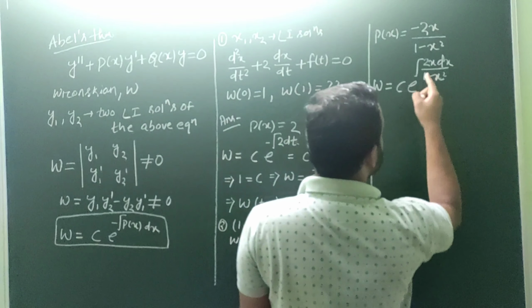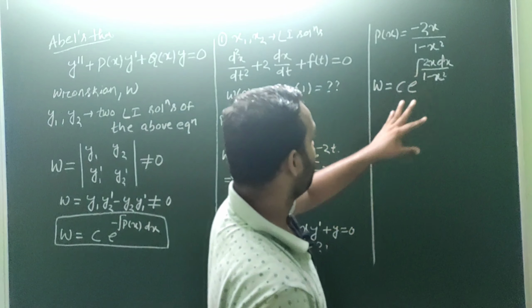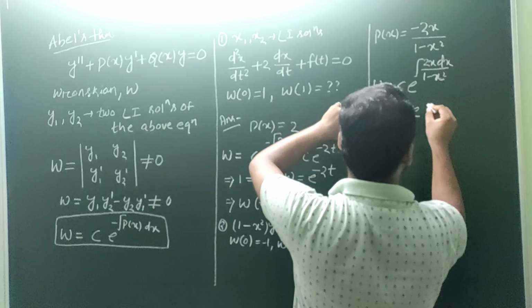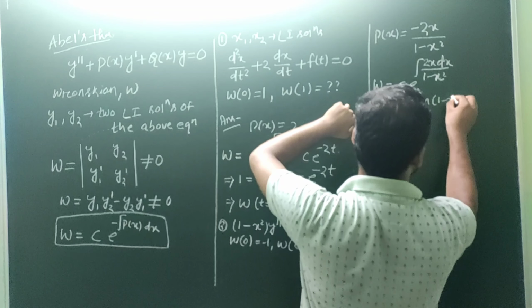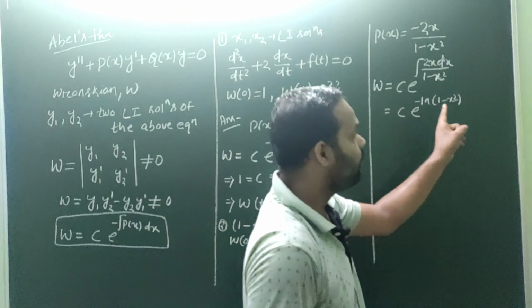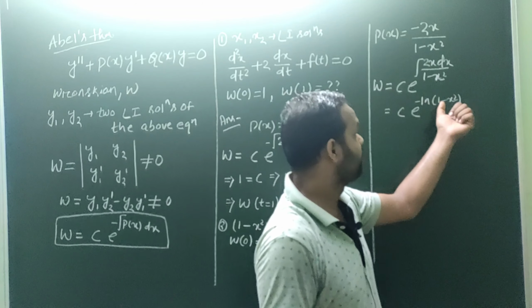If you do the integration here, you can substitute 1 minus x square, and doing all the calculations, you can see e to the power minus log 1 minus x square, because the differentiation of this will be minus 1 by 1 minus x square, and then again we take the differentiation, that will be minus 2x.